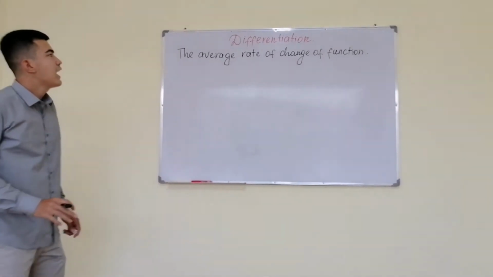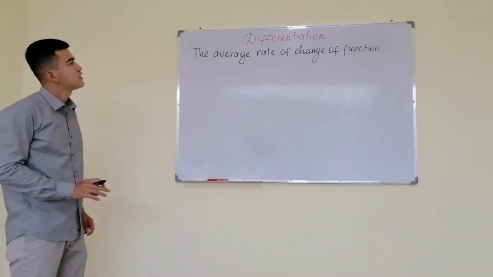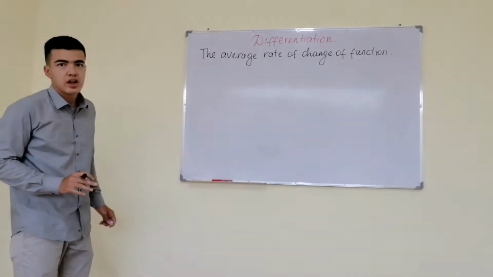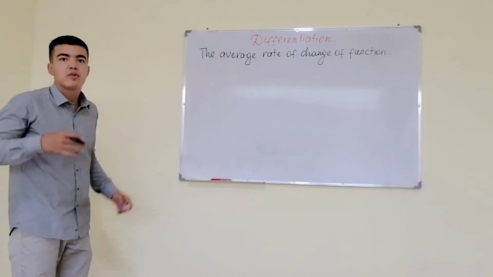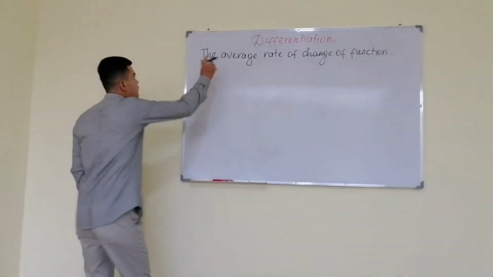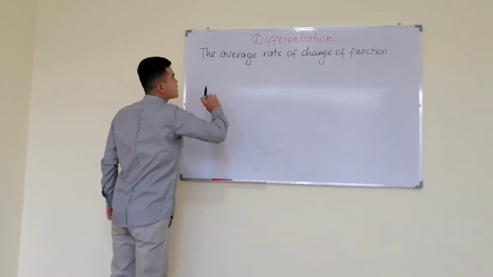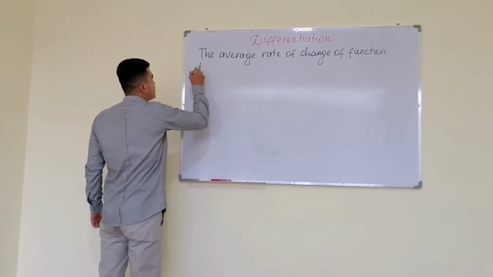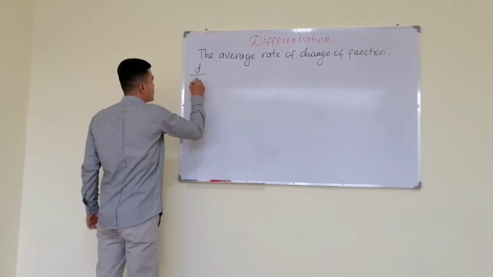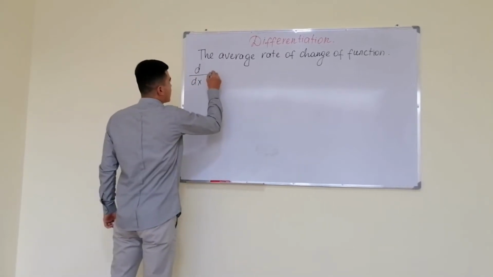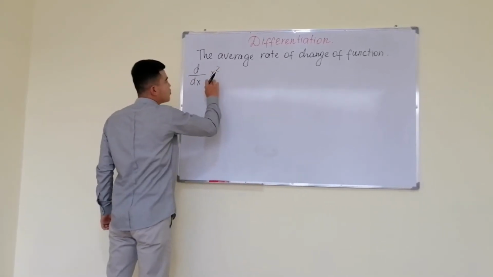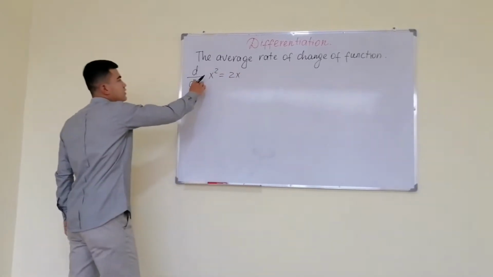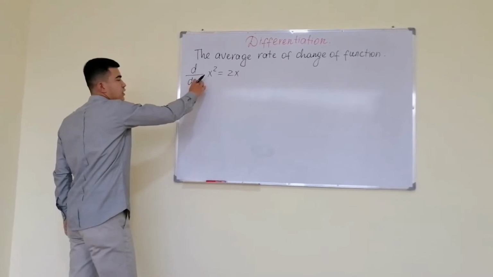By the way, I have to say something about how we write differentiation in the abbreviated form. So we write it like this: d divided by dx. Let's say, d/dx of x squared equals 2x. It's a sign of differentiation, okay?